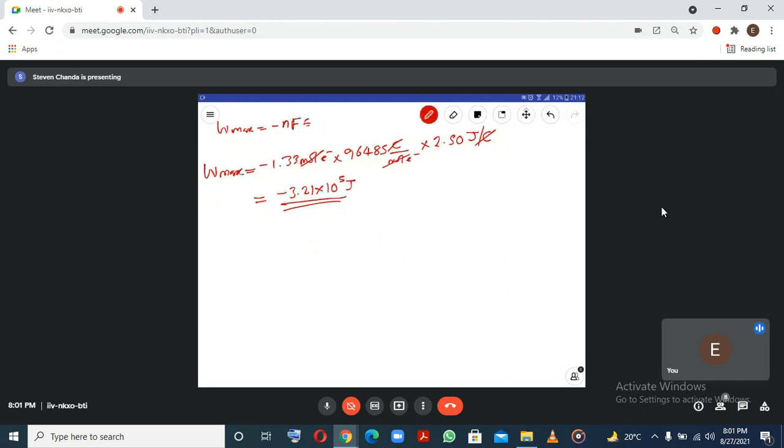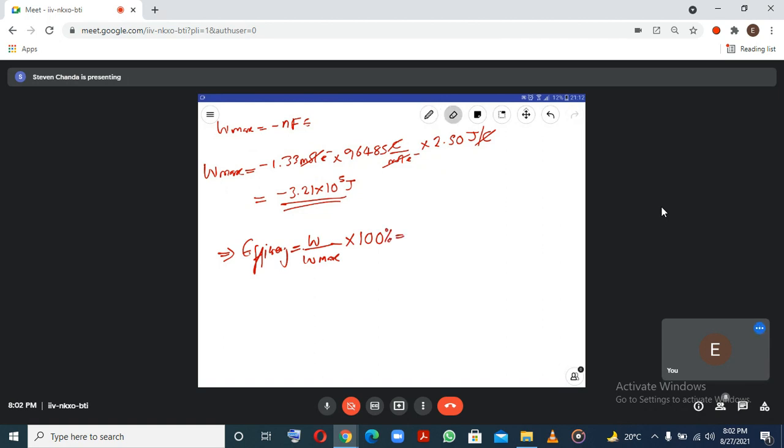To find the efficiency, efficiency is going to be the actual work over the maximum possible expected work, times 100%.